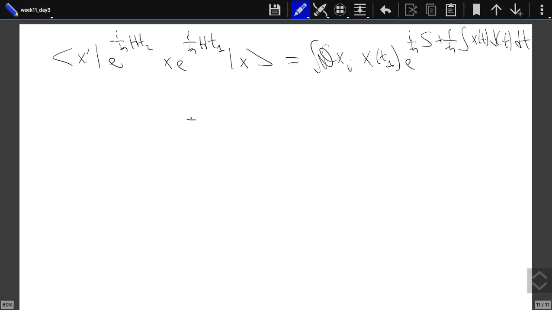And this one we wrote as e to the power i over h bar S classical, where this classical is the classical action in the absence of j.